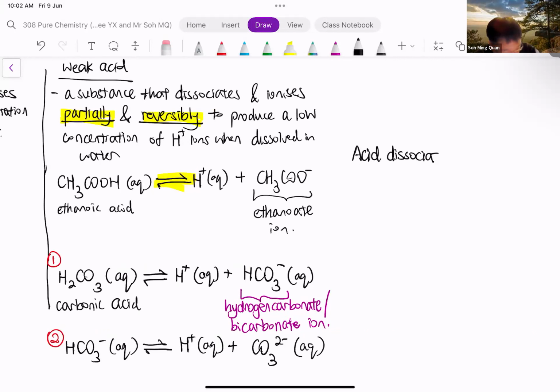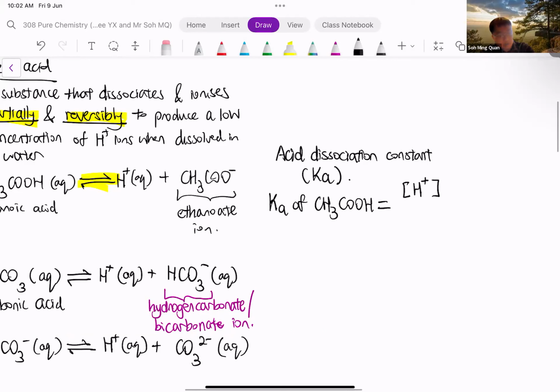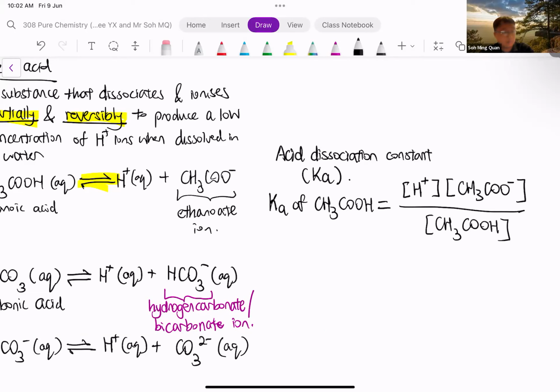So the Ka of ethanoic acid is defined as the concentration of H+, concentration of ethanoate over the concentration of the undissociated acid.